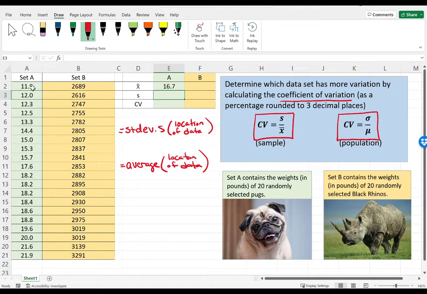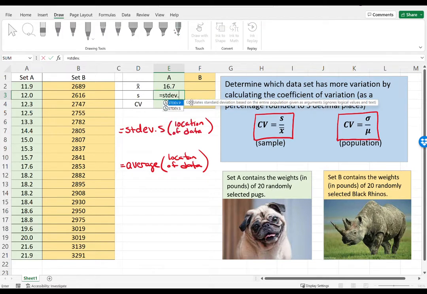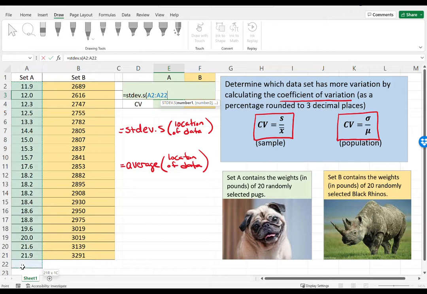So we have a mean, or an average weight, of 16.7 pounds. And now the standard deviation, equal STDEV.S, and same location, A2 to A21.